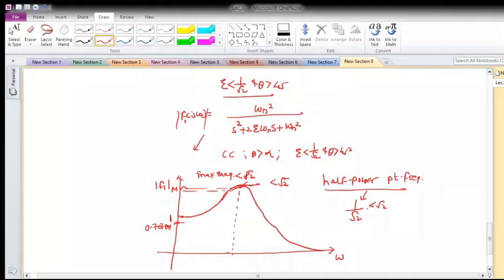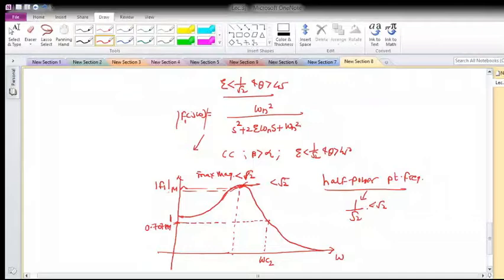Okay, and now let me draw the line on the response, and wherever it cuts the response, that will be my half power point frequencies, or cutoff frequencies. So here I'll get this, and let me call this omega c2, and I will not get the frequency here, because it is not cutting.